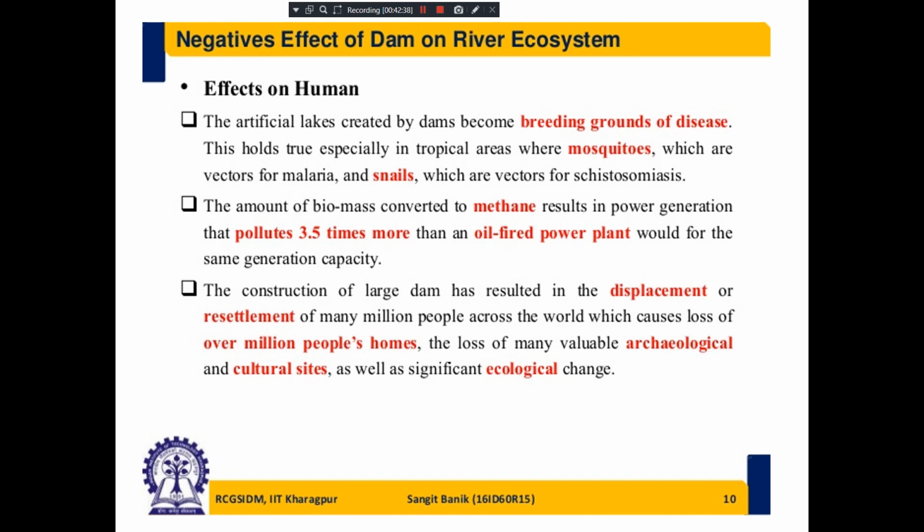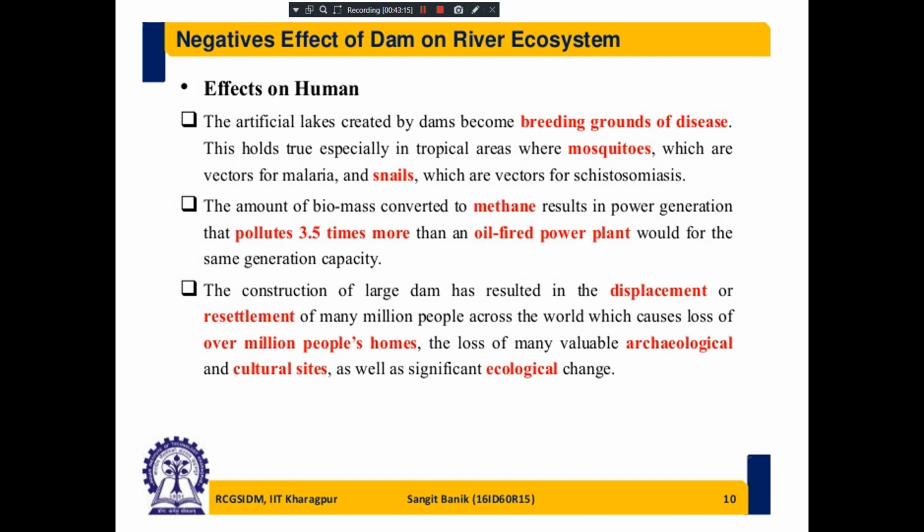They have become the breeding ground for mosquitoes, which are the vectors of many diseases like malaria, and freshwater snails, which are the vectors for so many diseases, starting from elephantiasis to schistosomiasis. So many diseases can spread, and the biomass converted into methane gas, which I have told you, pollutes 3.5 times more than any other pollution.